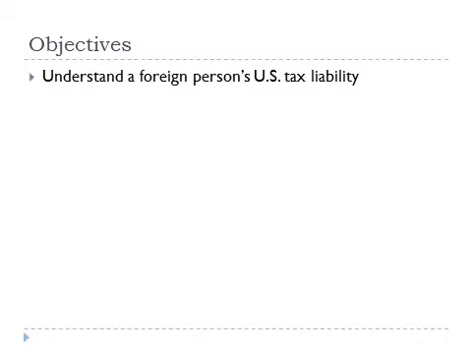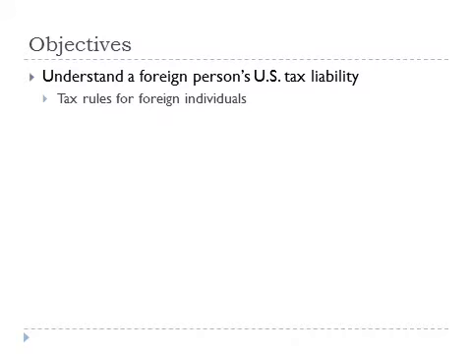The overriding objective is to understand a foreign person's tax liability in the United States. Whether your job is to advise foreign persons on their potential U.S. tax liability or to prepare tax returns for foreign persons, you need to know how to determine U.S. tax.